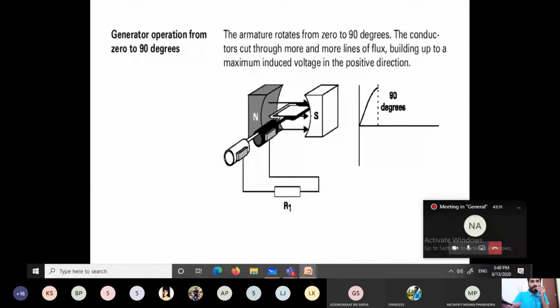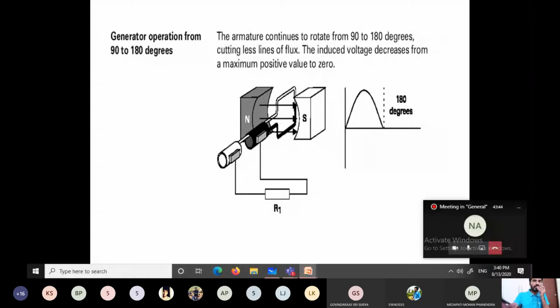At theta equals 90, the EMF reaches its maximum value, which is indicated in the graph. When theta is 180, the conductor is placed parallel to the lines of force. There is no flux linkage, so the EMF will be 0. That indicates a half sine wave.